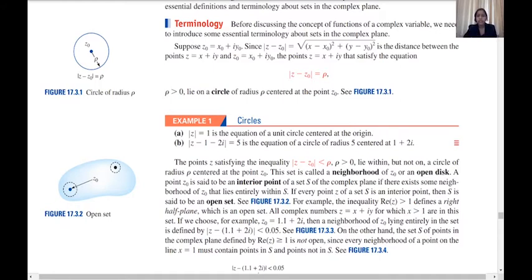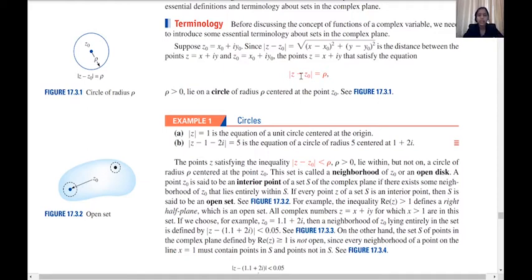Now guys, just look at example 1, mod z equal to 1. If you compare it with this equation, mod z minus z dot is equal to rho, here the center of the circle is 0 and the radius is 1. So mod z is equal to 1 is the equation of a unit circle centered at the origin. And the second one is modulus of z minus 1 minus 2i is equal to 5.